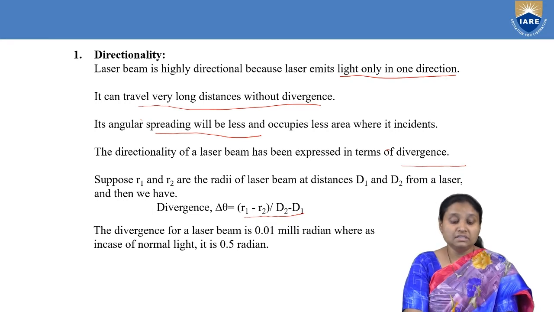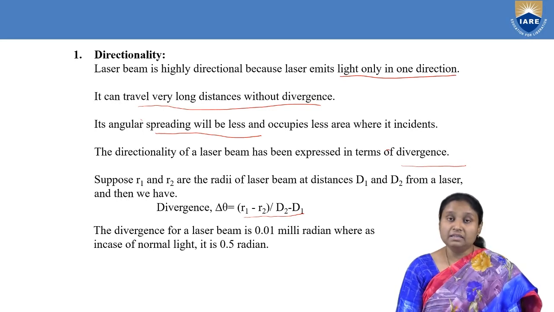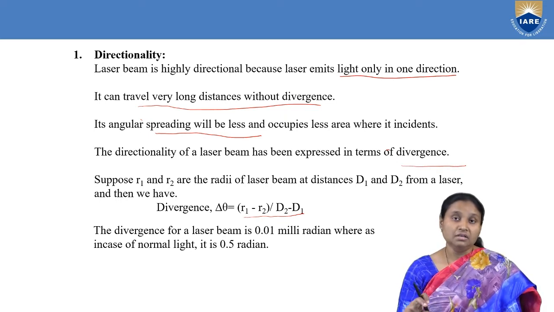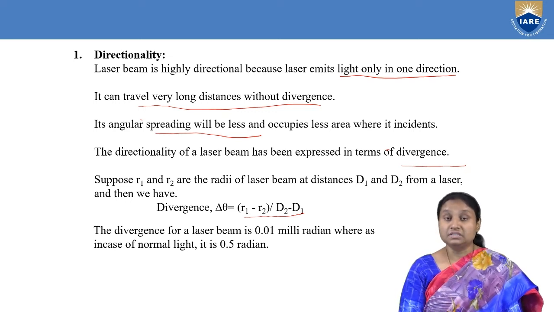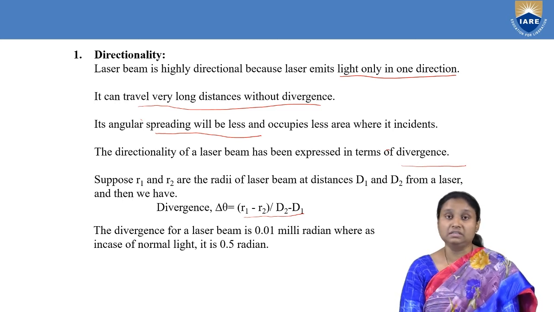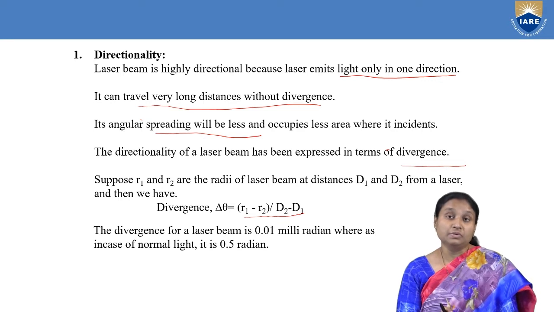Here, we take a screen, and that screen is kept at two different distances from the laser source. Then on the screen we take the radius of spreading of the laser light. You will observe that for two different distances from the laser source to the screen, the radius of the laser spot varies.